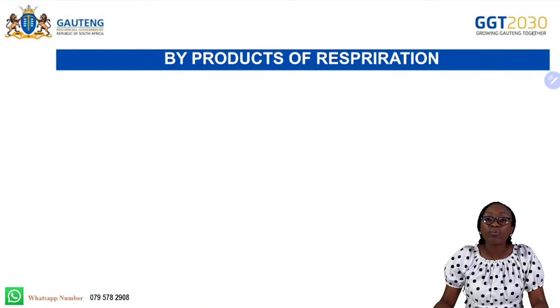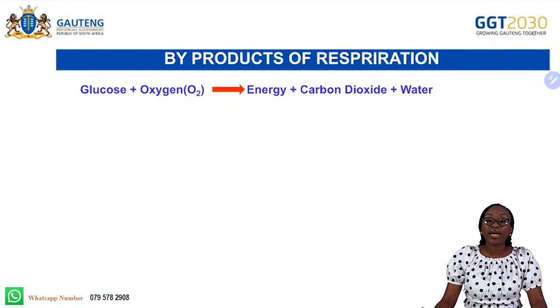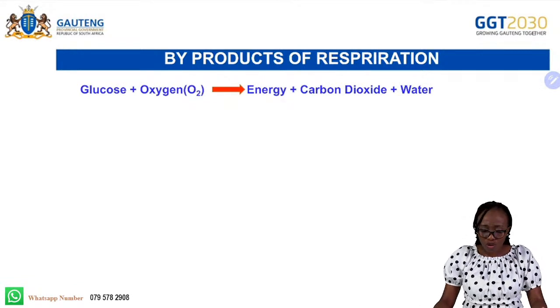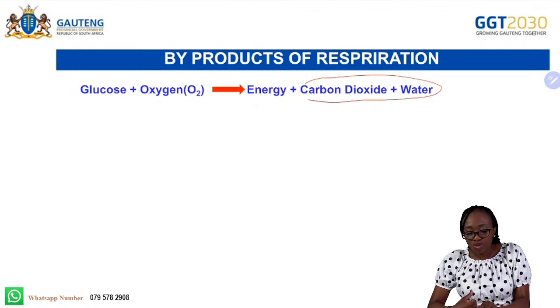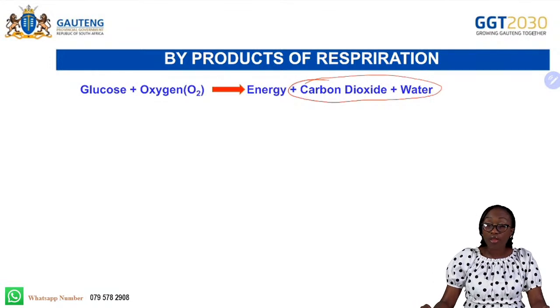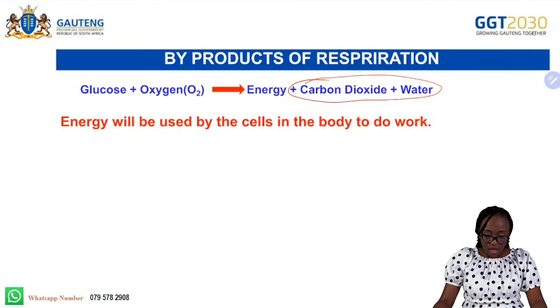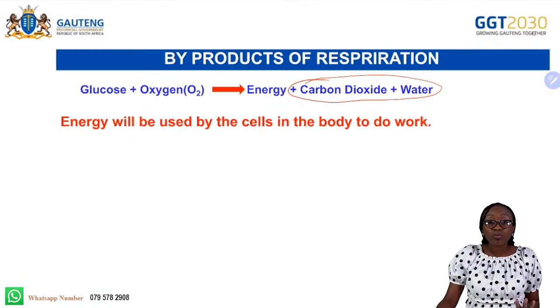I spoke about byproducts of respiration, so I would like to add more onto that. There is our equation. We've got glucose and oxygen to produce energy, and carbon dioxide and water. We have said that these two are the byproducts. So what's going to happen to the energy?